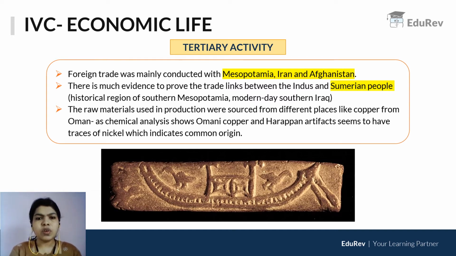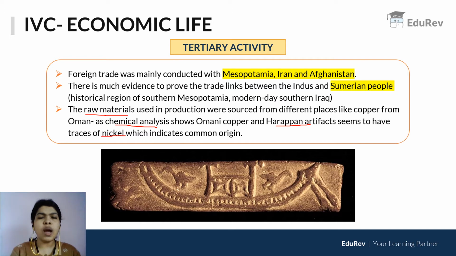Not just that, the raw materials used in the production of goods in IVC sites were sourced from many areas, and there is evidence that particular metals were sourced from particular regions. For example, chemical analysis shows that Omani copper and certain Harappan artifacts seem to have traces of nickel. So there is a common metal, nickel.